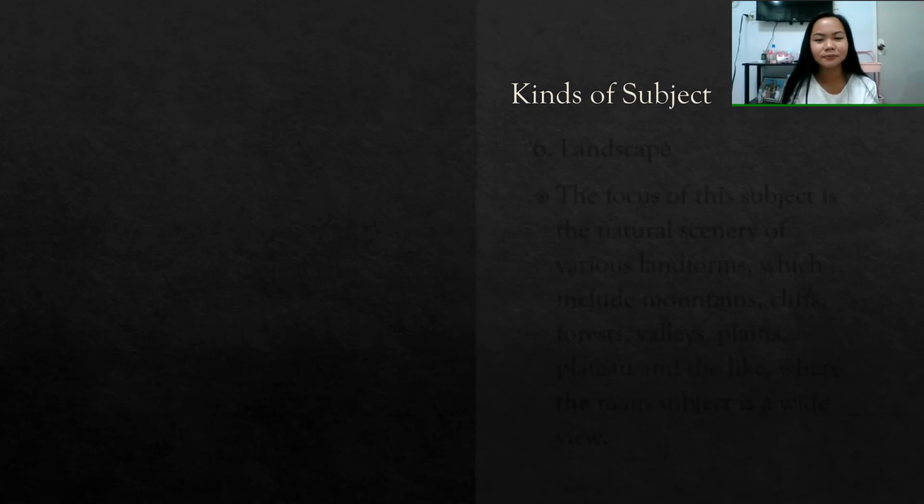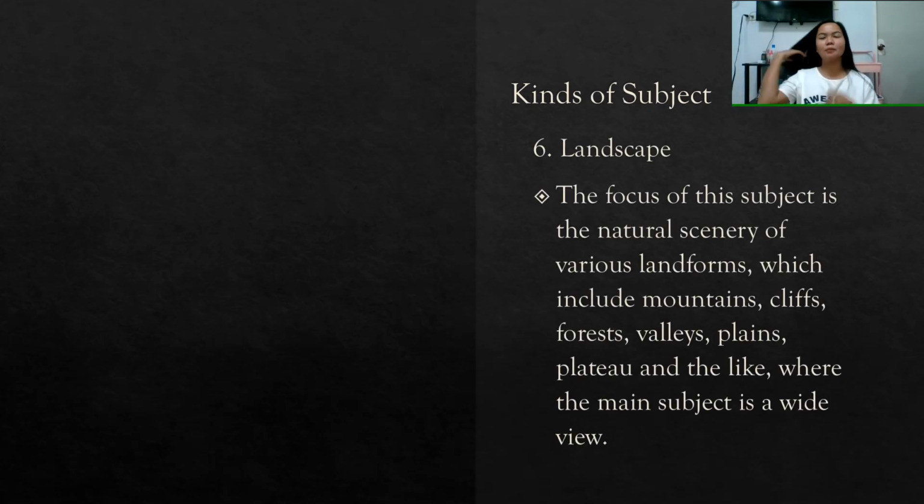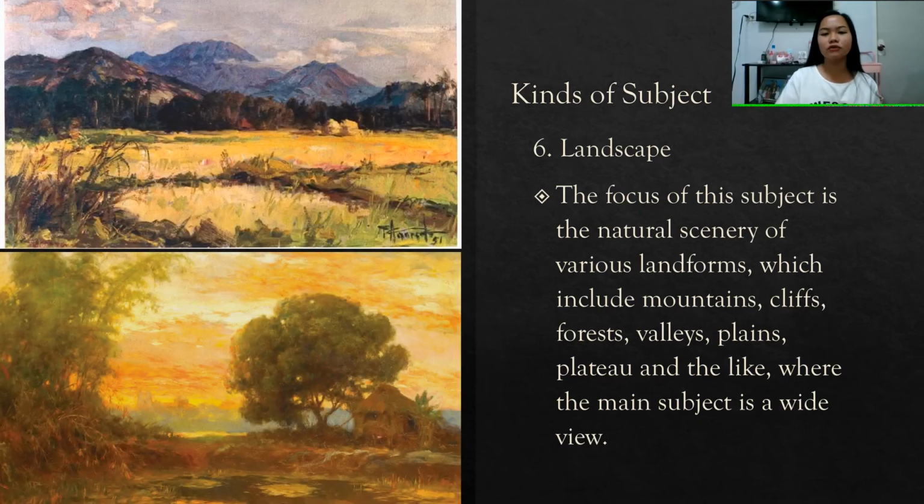Moving on, we also have landscape. A kind of subject could also be a landscape. So the focus of this subject is the natural scenery of various landforms, which include mountains, cliffs, forests, valleys, plains, plateau, and the like, where the main subject is a wide view. So kani obvious pud kaayo na when we say landscape, land. Okay?